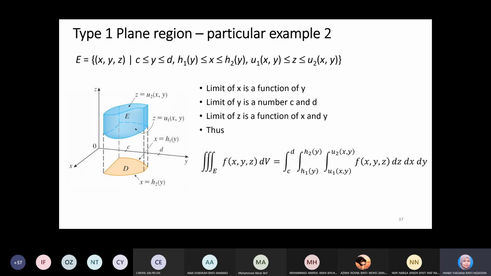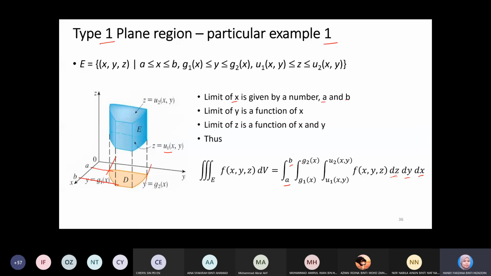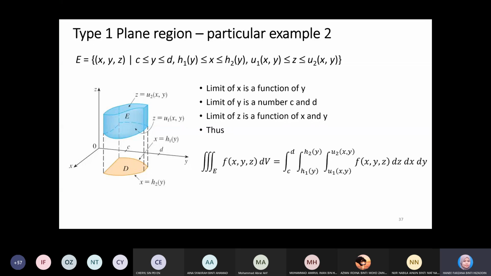Next is type 1 plane region, example 2. How is it different from type 1 plane region, example 1? In this case, you look at the limit of y, which is from c to d. Now the limit is c to d for y.